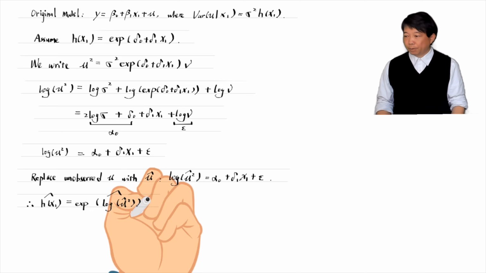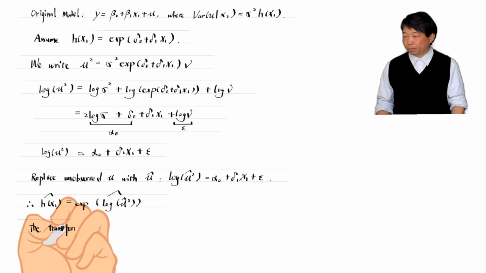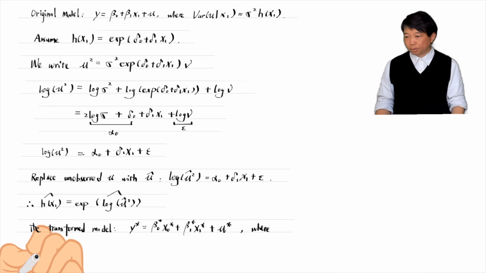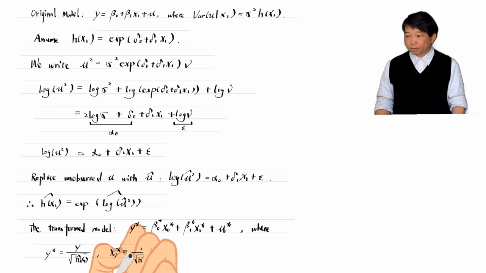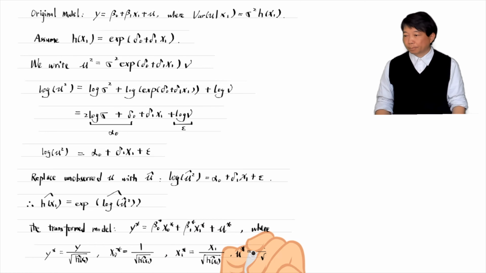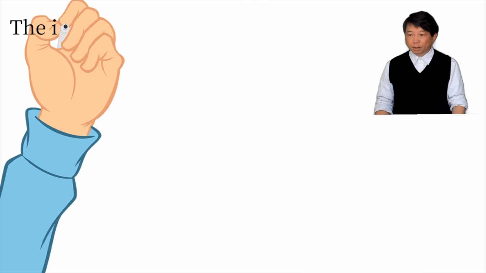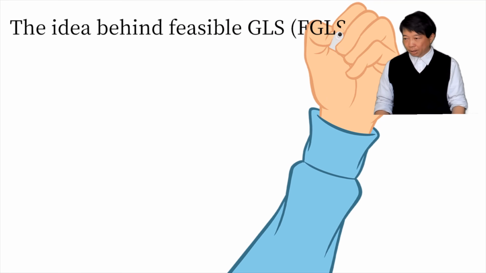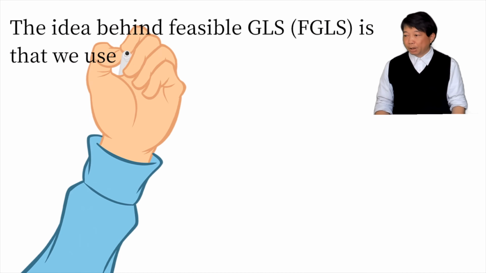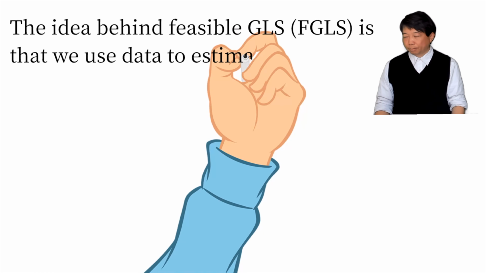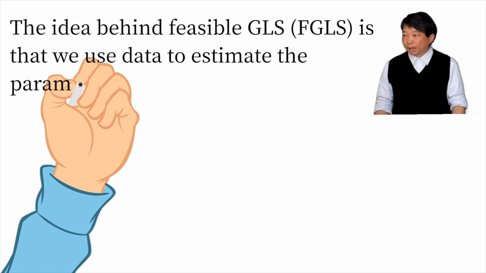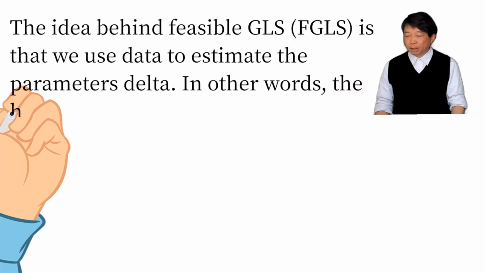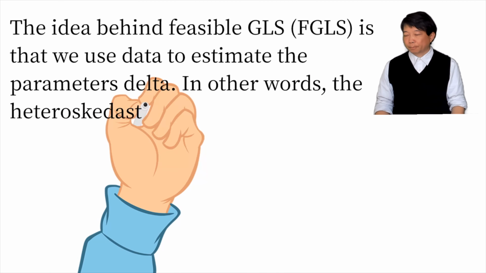The exponential function is also very flexible because we can use a linear function of x as the exponent. The parameters delta are unknown. The idea behind feasible GLS is that we use data to estimate the parameters delta. In other words, the heteroskedasticity function, that is the h function, can be estimated with data.